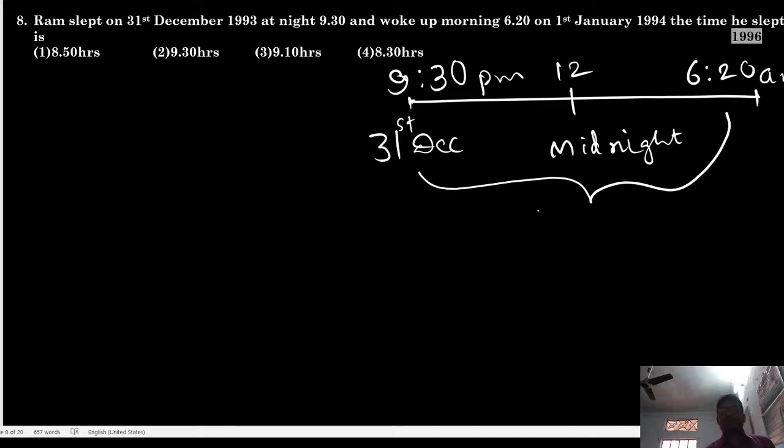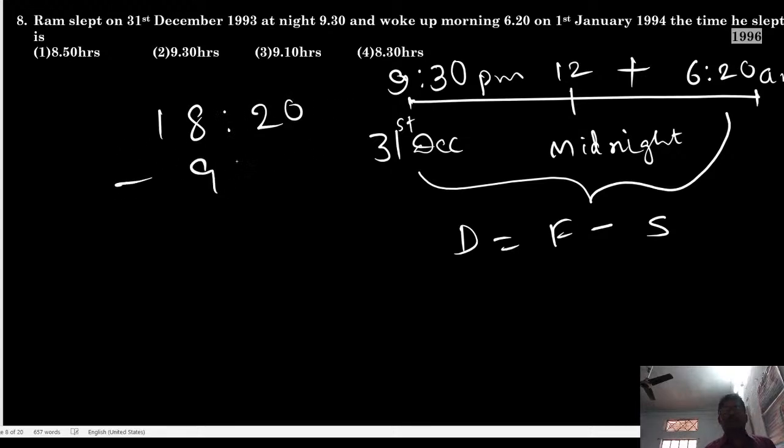To find the duration of activity, we have the formula: finishing time minus starting time. Finishing time, here we have 12 in the middle, so 12 plus 6, 18, 20 minus 9 hours 30 minutes.